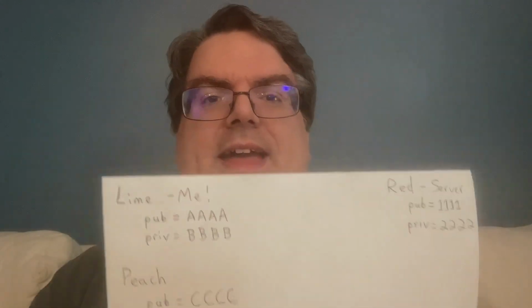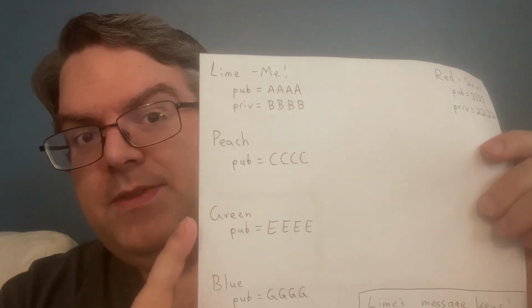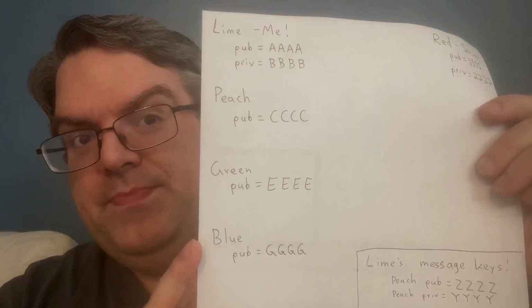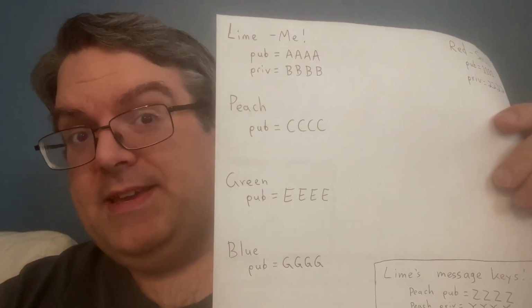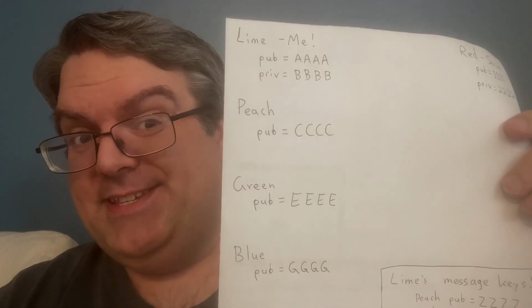Okay, so then I see a bunch of nodes in this circuit, nodes that are available for me to build a circuit, and I've decided that I'm going to relay my message to Red via Peach, Green, and Blue. And I know their public keys. I don't know their private keys. I don't need to know their private keys.